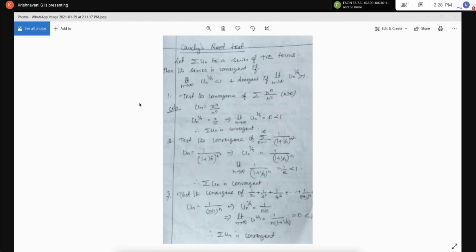Ma'am, is it convergent? What is the answer? 1 by e. Yes, exactly. Convergent.